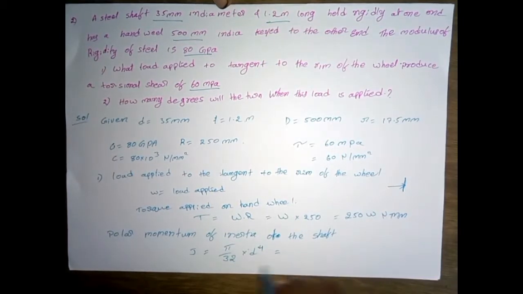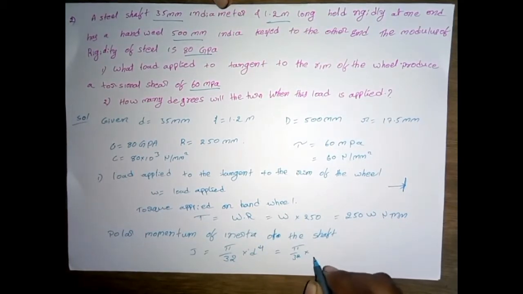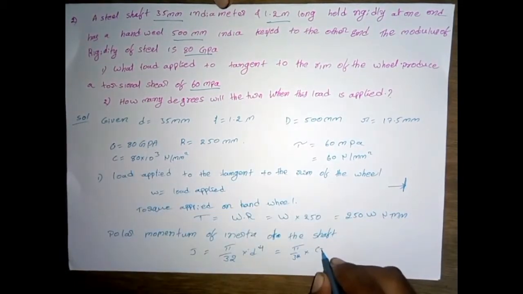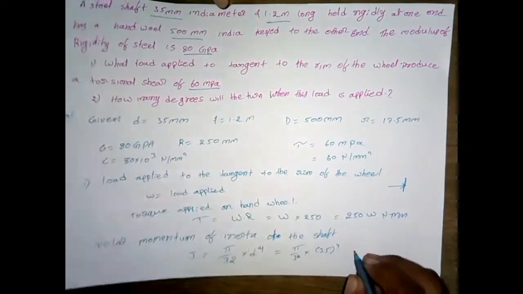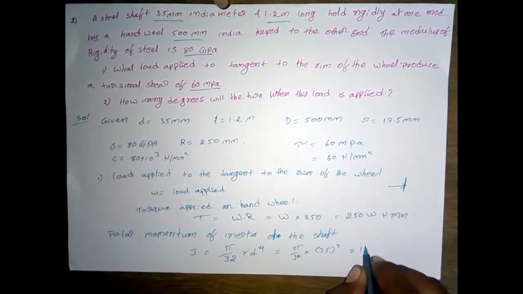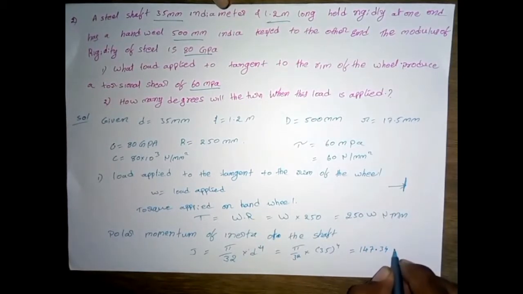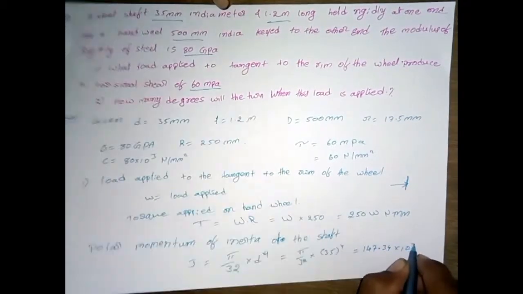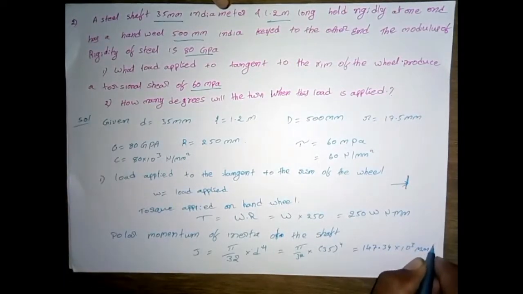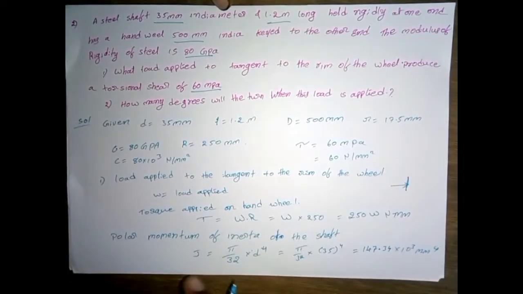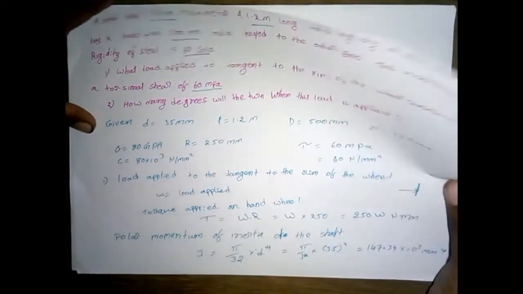So when we substitute the values here, pi by 32 into the d value, that is 35 mm power 4, we get 147.34 into 10 power 3 mm power 4. So this is the value of the polar moment of inertia of the shaft.